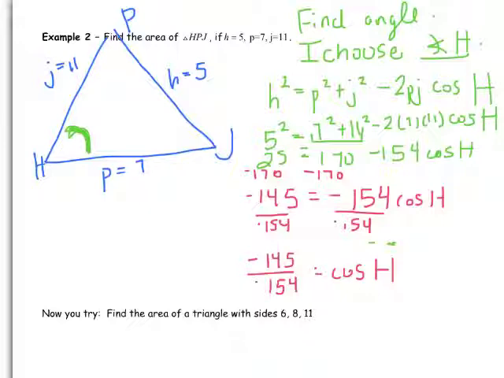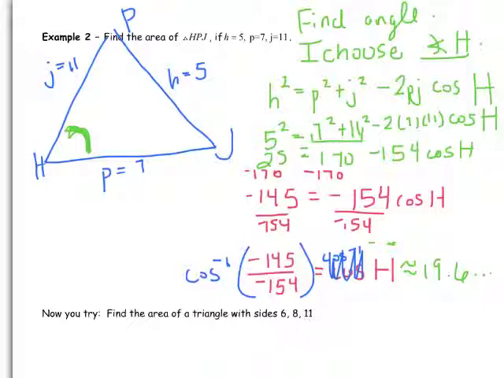If you want to drop the 2 negatives, you can, but you don't have to because it's just going to be on the calculator. So cosine inverse. So h equals cosine inverse of negative 145 over negative 154. And we get that h is about 19.6 dot dot dot. It really doesn't matter what h is, because you do not want to use 19.6.